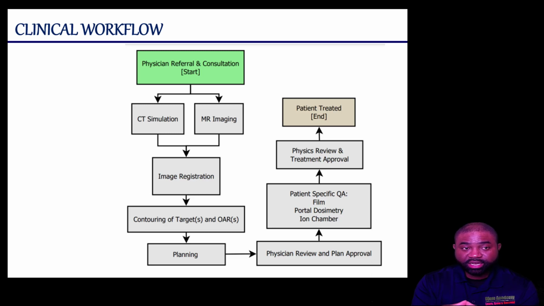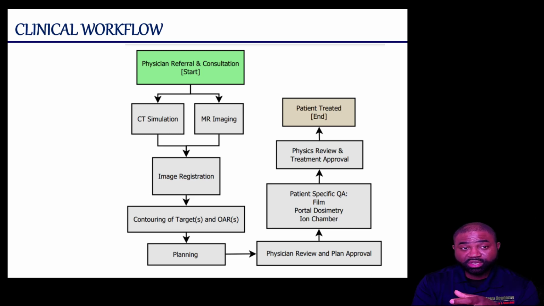Then we put in the objectives, that is the dose prescription and the dose constraints for the surrounding organs at risk, and then develop a plan. The plan is then reviewed by both the physicist and the physician. Once the plan is approved, then PSQA or patient-specific QA is completed.